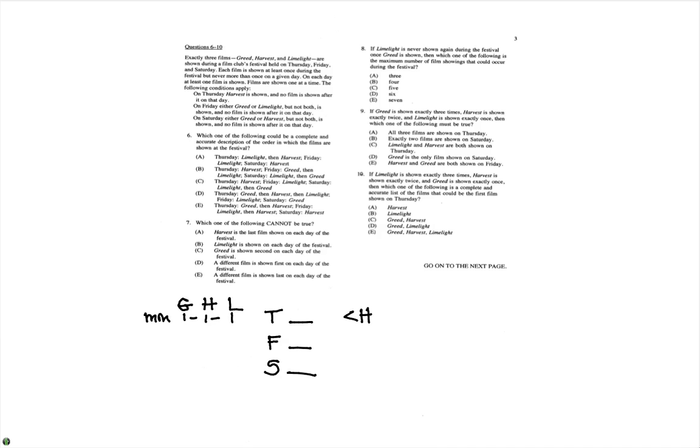On Friday, it tells us either Greed or Limelight, but not both, is shown, and no film is shown after it on that day. So on Friday, we're going to have either Greed or Limelight. Again, not both. So one is in, the other would be out. And again, it is the latest film shown on that day. Nothing can be shown after it.